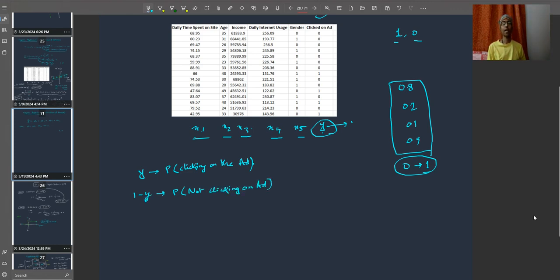Now friends, our objective is this equation has to remain within 0 and 1. This is achieved in a very unique way. What we do is, we take the ratio of y and 1 minus y, we take the natural log of it, and this is what we equate to the features with different weights.